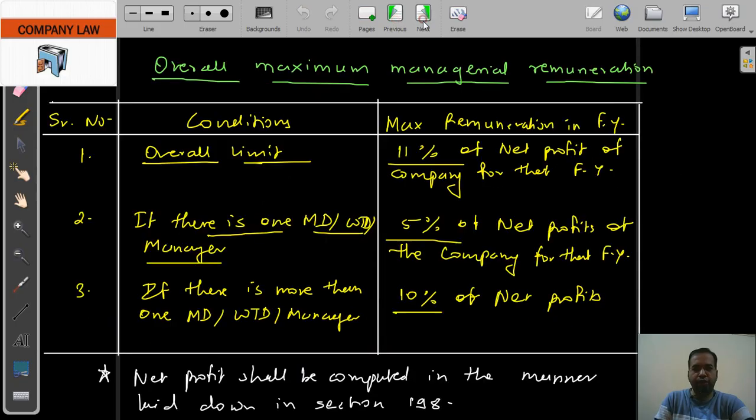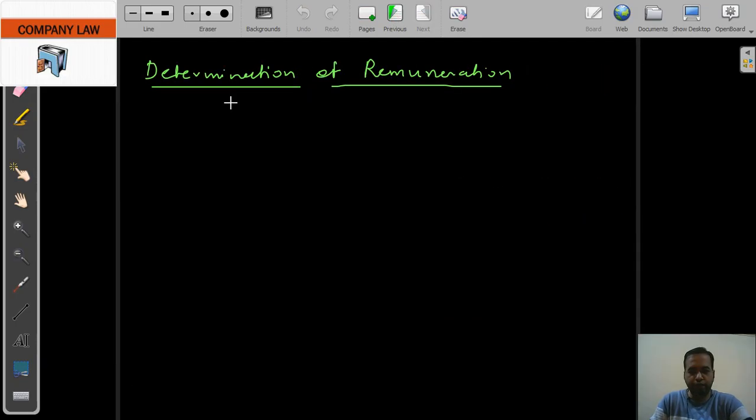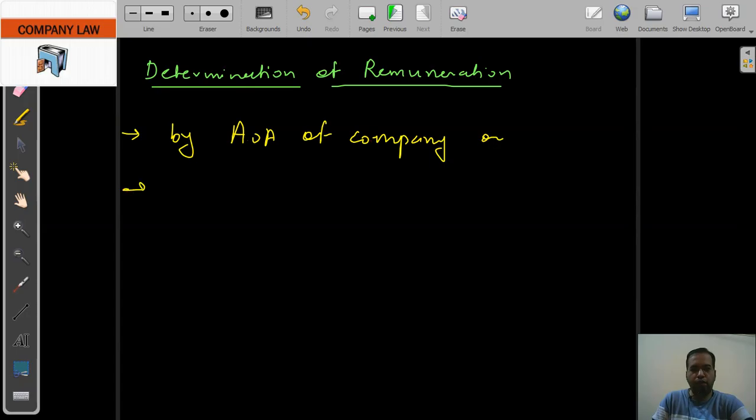So we can write down: determination of remuneration may be by the AOA of the company, or by a resolution passed in general meeting.